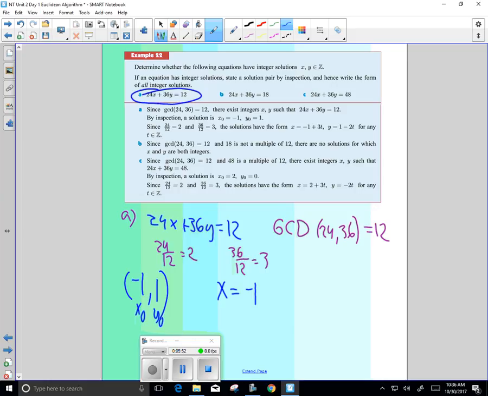Well, if x is -1, now we've got to look at all the other possible things, and all the other possible things are going to be 3 times t, where t is an element of the integers. So think of it this way. -1 is going to work. The next one that's going to work will be a multiple of 3.